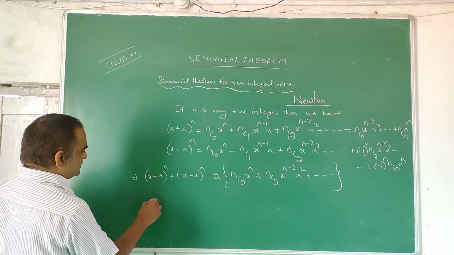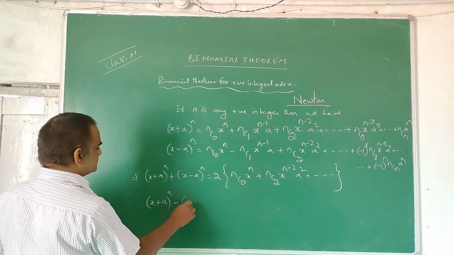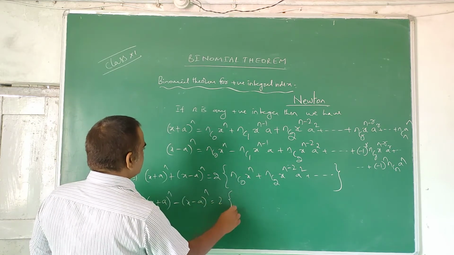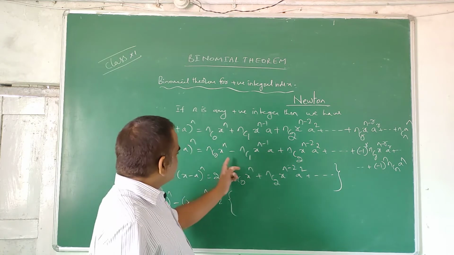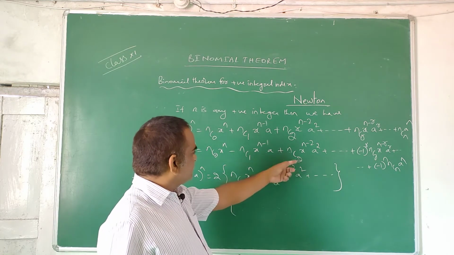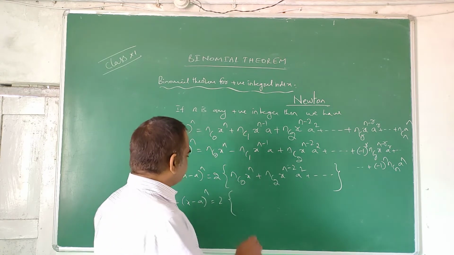Suppose you go for subtraction now. If you go for subtraction, the signs get changed. Then the terms with suffix 0, 2, the even suffix terms, are cancelled. The odd suffix terms will be doubled.